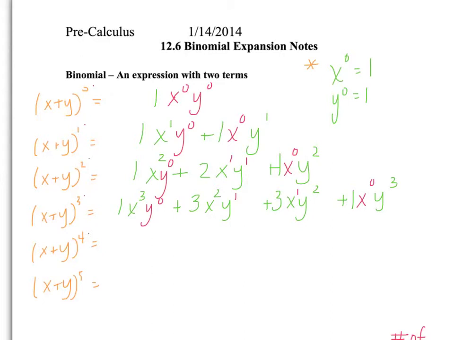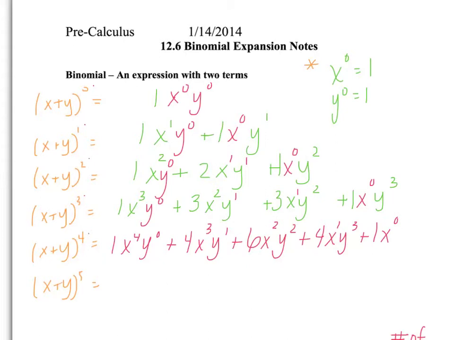Expanding the rest of these out, this is x to the 4th, y to the 0, plus 4x cubed y to the 1, plus 6x squared y squared, plus 4x to the 1 y cubed, plus 1x to the 0 y to the 4th.